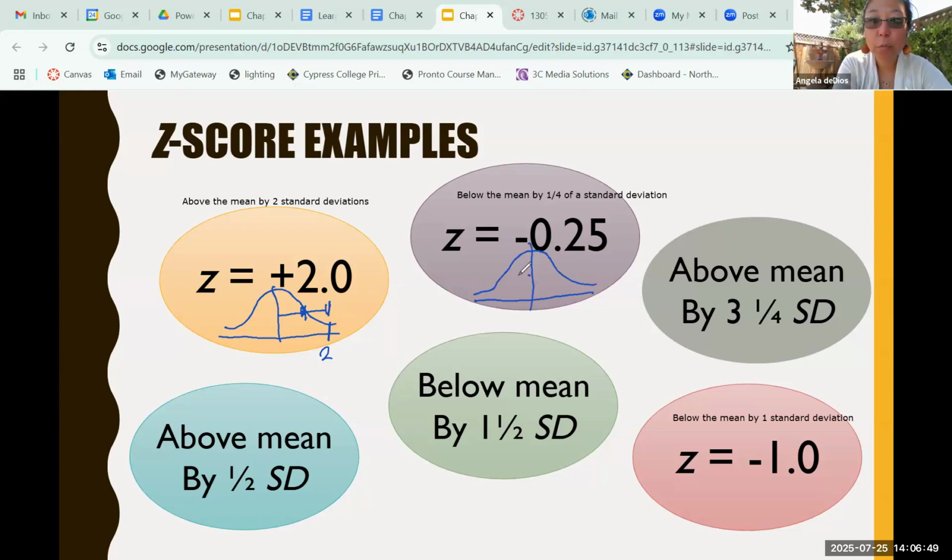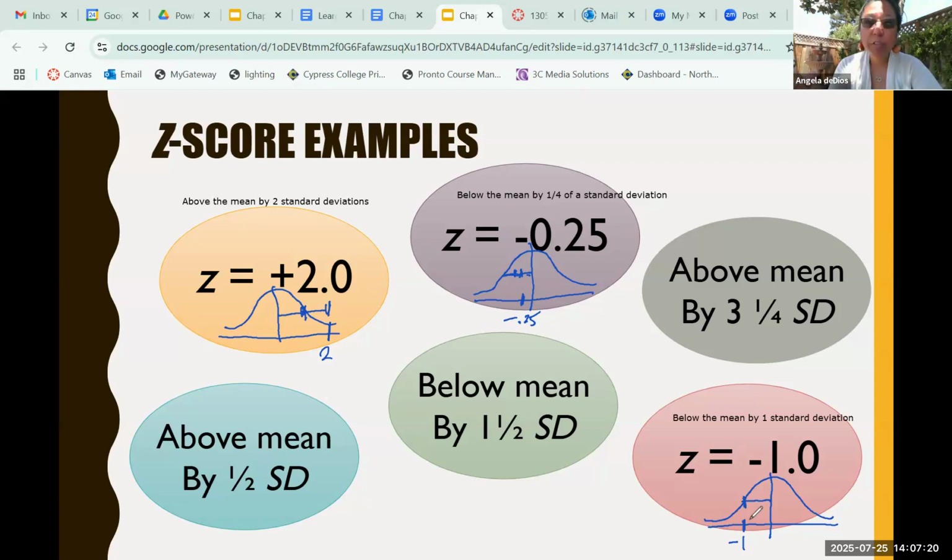Okay. If this is 1 standard deviation, that would be half right there, and a quarter would be about here. So a z of -0.25 is right about there. And then this one down here, 1 standard deviation below the mean would be about here. So that's a -1 right there. So knowing the z-score can show you where it is located in the distribution.